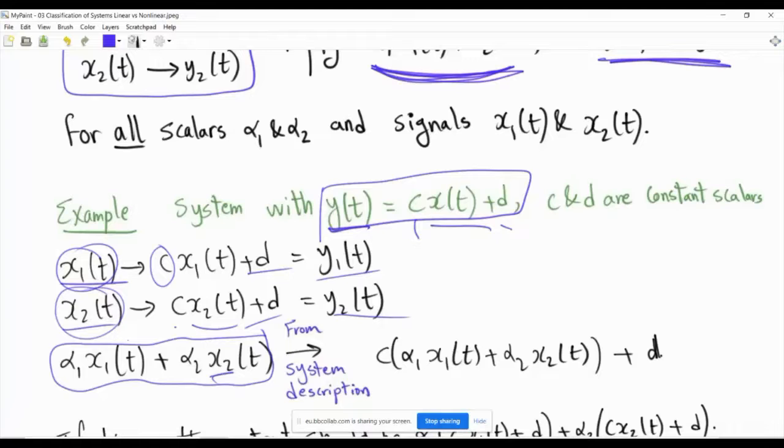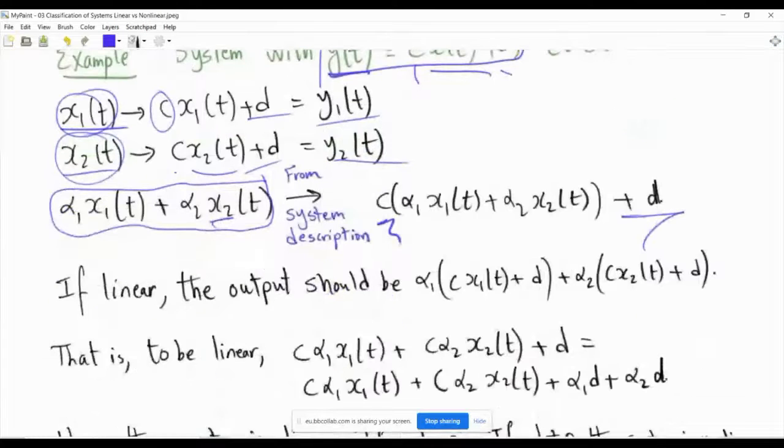So if you give it this linear combination, it doesn't care what it is. Anything fed to the system will be multiplied by c, and then d is added. So the result here will be c alpha 1 x1 of t plus c alpha 2 x2 of t plus d. This is not magic or anything.